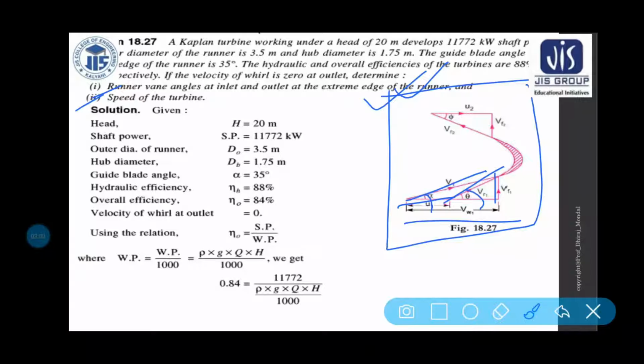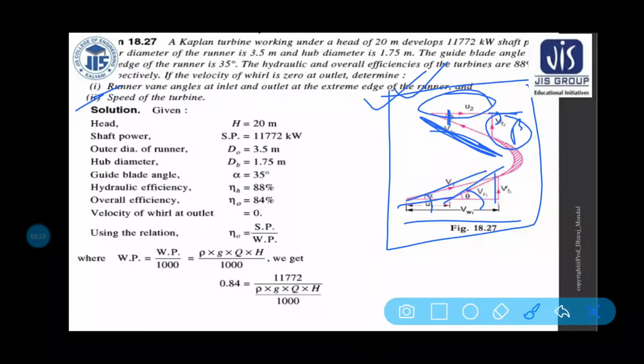As beta is 90 degree, there is radial flow at outlet, so the whirl velocity is 0 and this is your beta, 90 degree. So Vf2 is equal to V2, and this is your U2, this is your VR2, and this one is your phi.